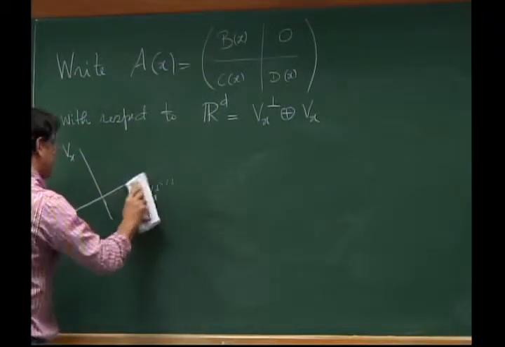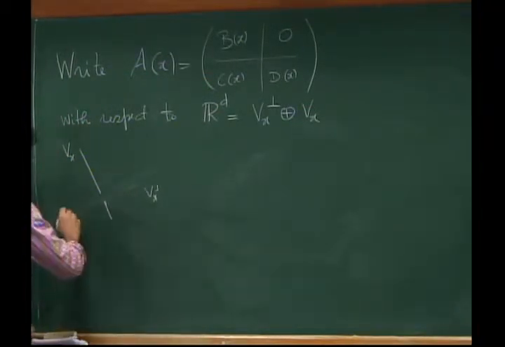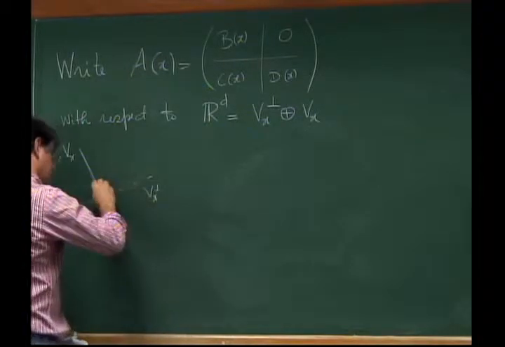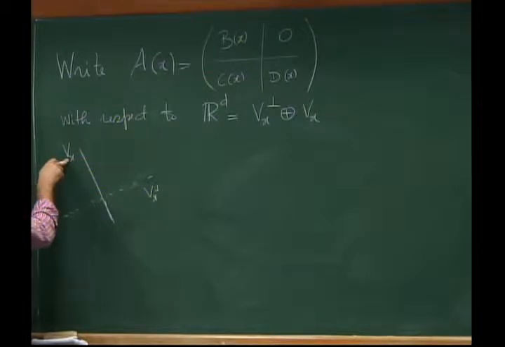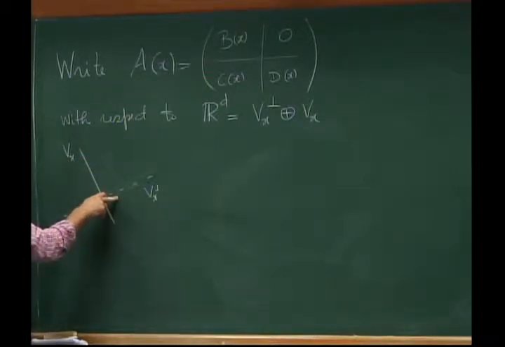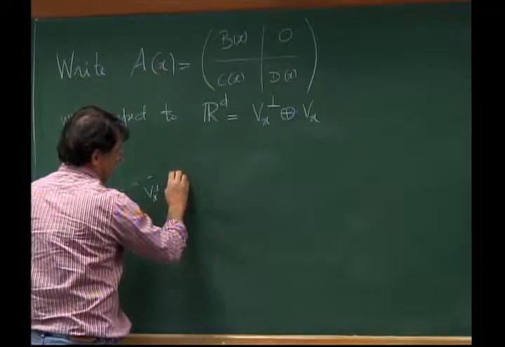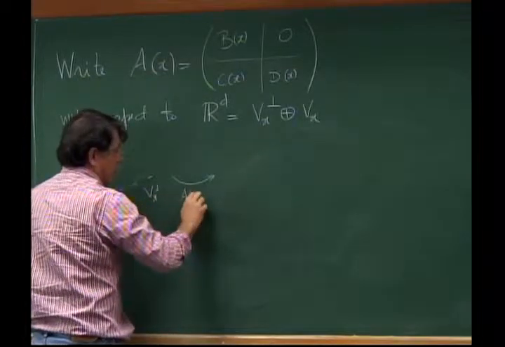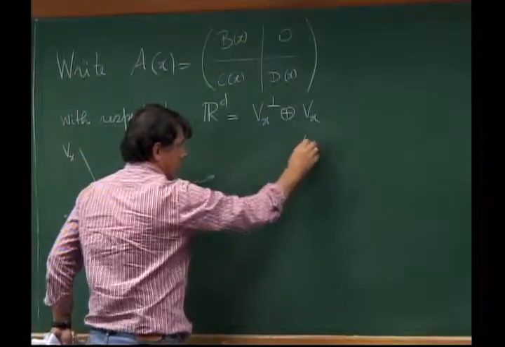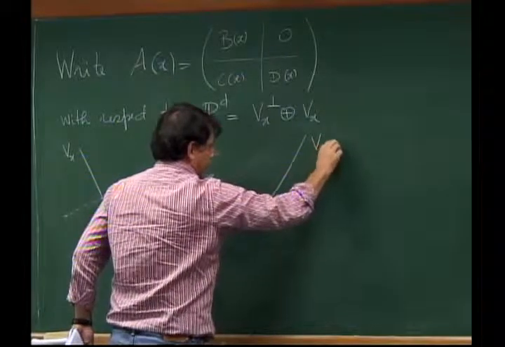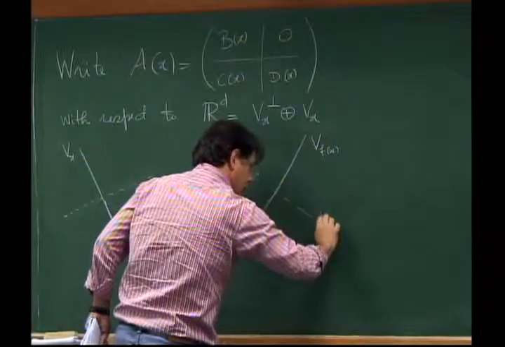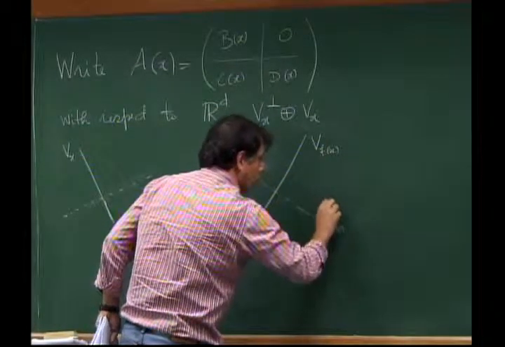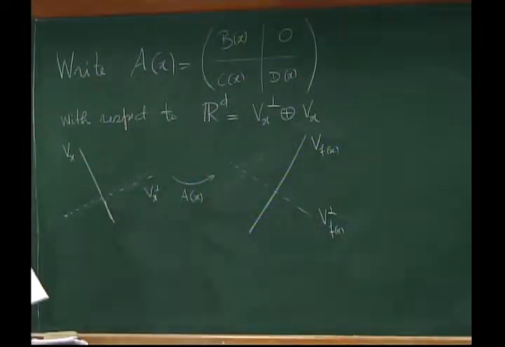I'm going to draw it like this to stress the fact that by assumption Vx is invariant, but the orthogonal has no reason to be invariant. So I take any vector here, I apply A of x. This goes to V f of x, and here I also consider the orthogonal, V f of x orthogonal. And so the behavior of vectors goes like this.